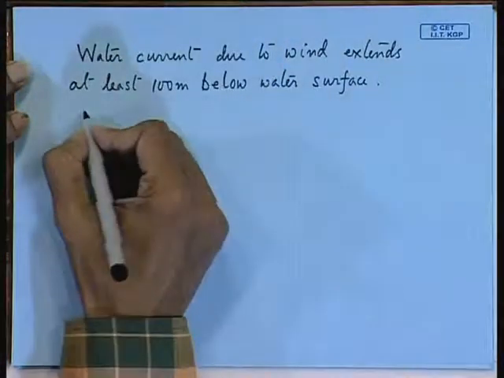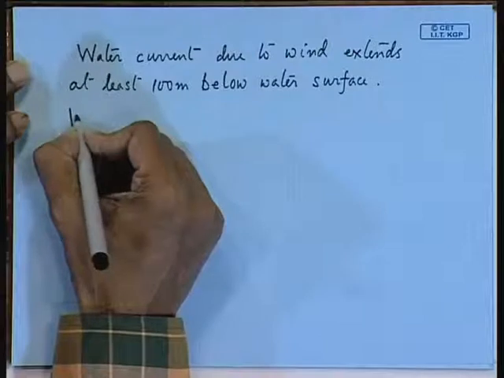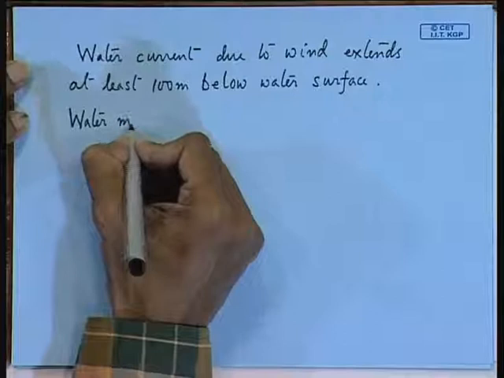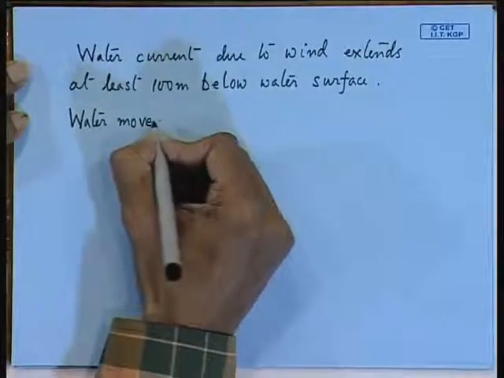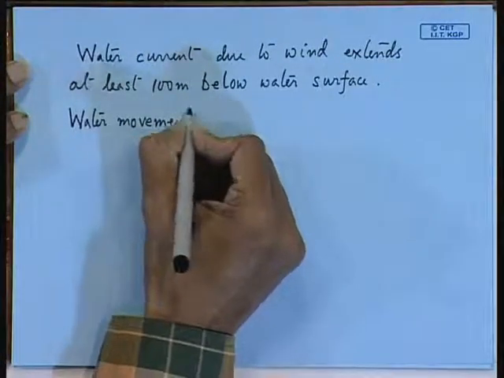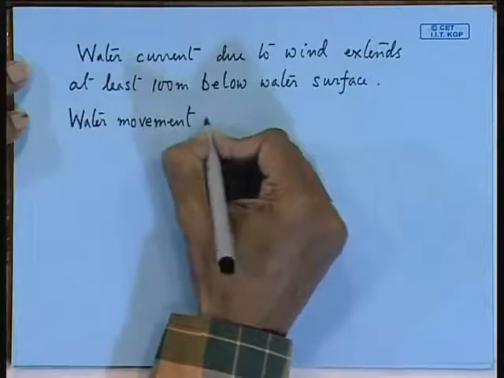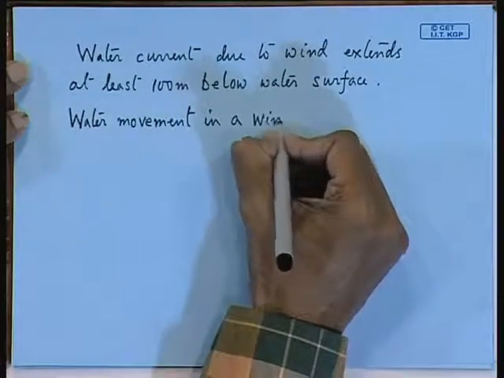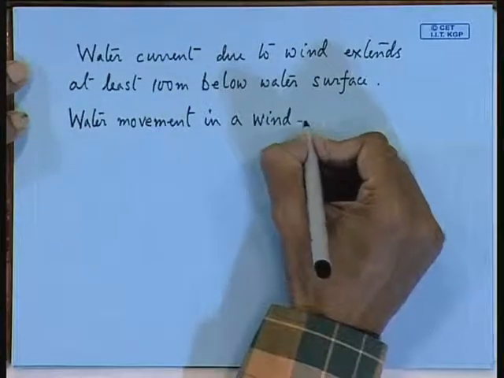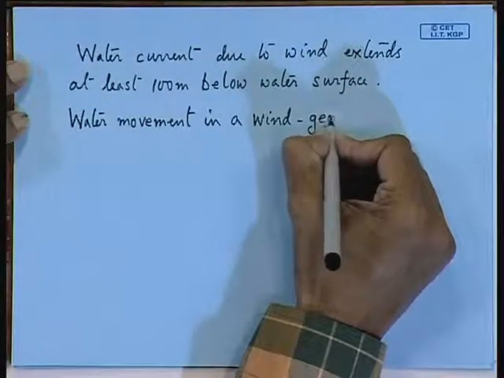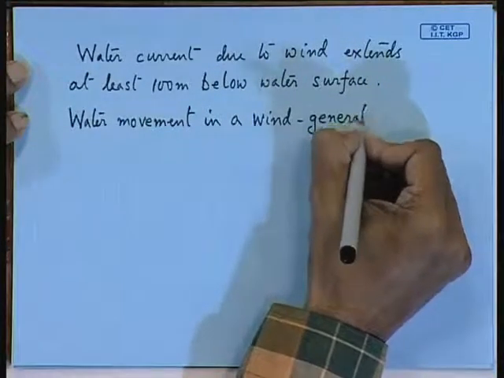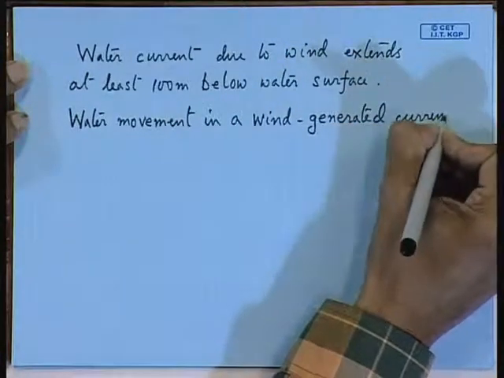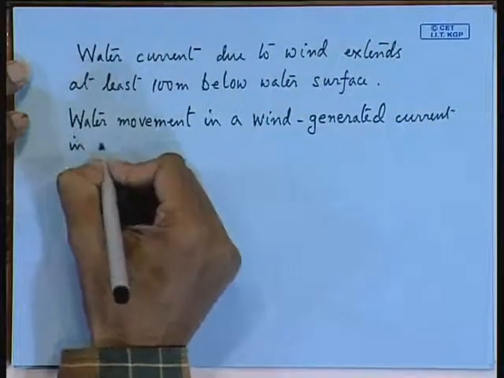Now, here this is a diagram of water movement. Now, this occurs in the northern hemisphere, or rather you write wind generated current in northern hemisphere.